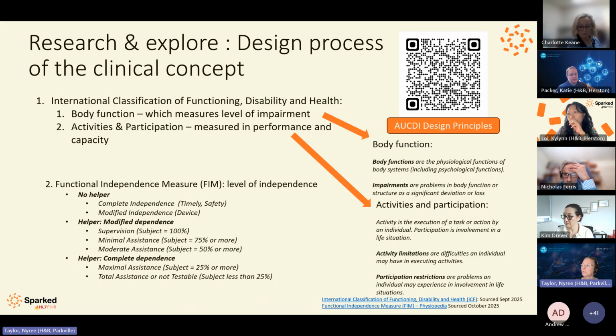And then we also need to reflect on tools that also measure independence or level of independence if we're looking at activities. And so we went to the Functional Independence Measure, where the level of independence is categorised as no helper or complete independence, modified independence, and right the way through to supervision, moderate, maximal assistance, and total assistance.